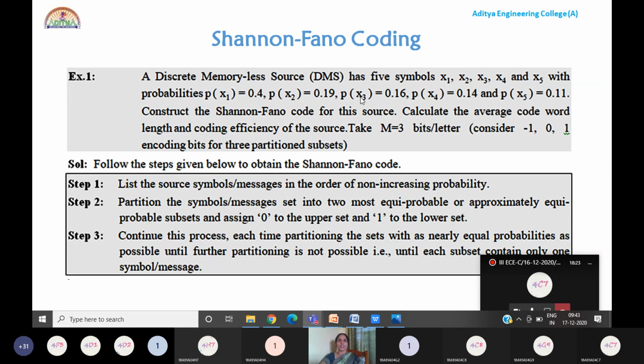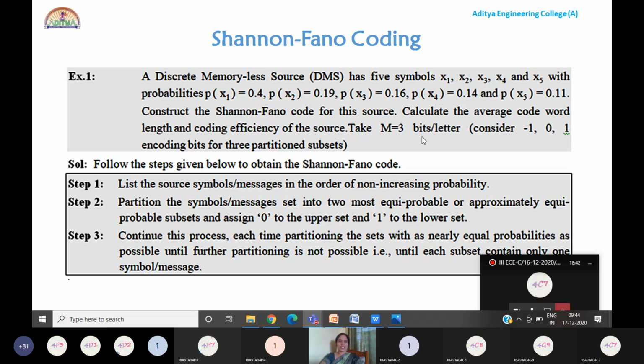So you should list out the symbols with their respective probabilities in the order of decreasing probabilities. And you need to construct the Shannon-Fano code for this, and also the efficiency.